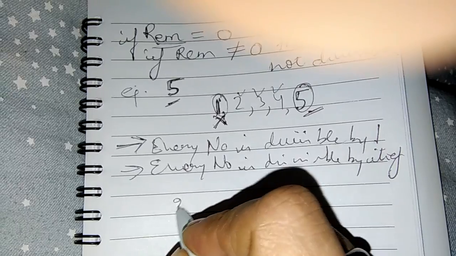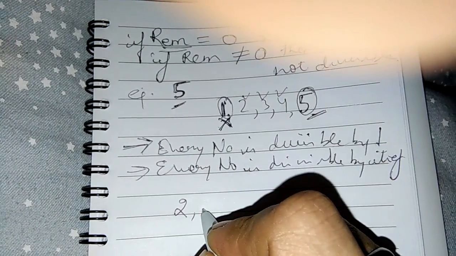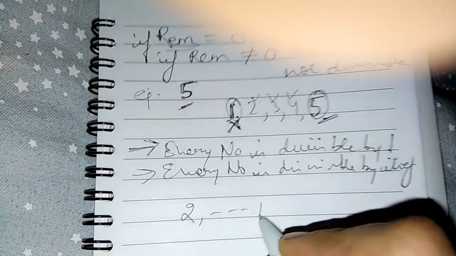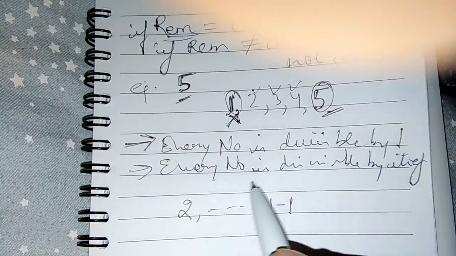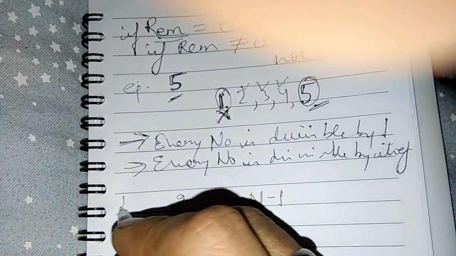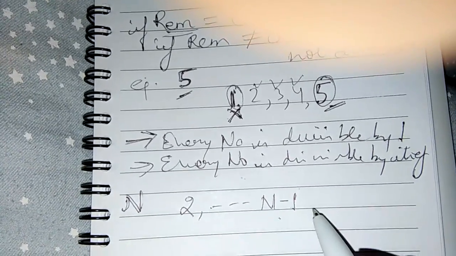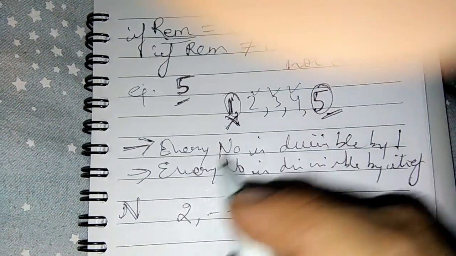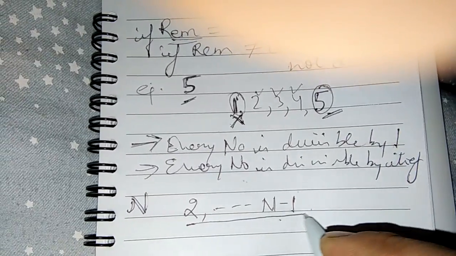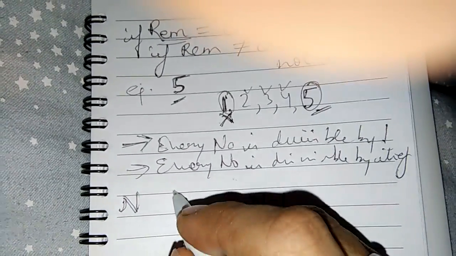So we are left with numbers starting from 2 till n minus 1. For a number n, we will not check 1, we will not check n. We will only check from 2 till n minus 1.